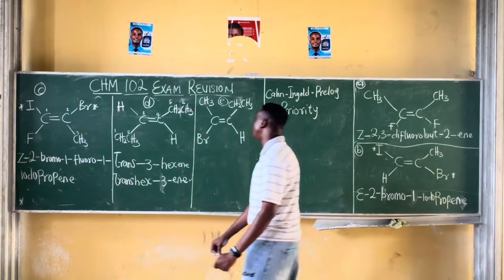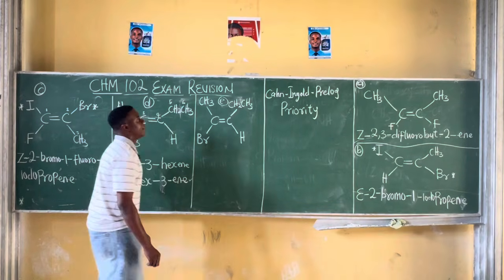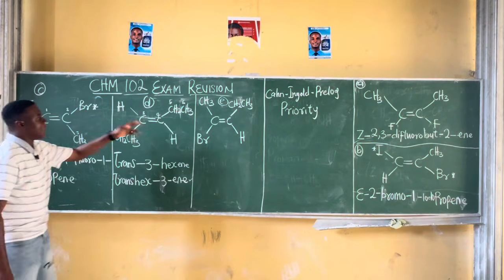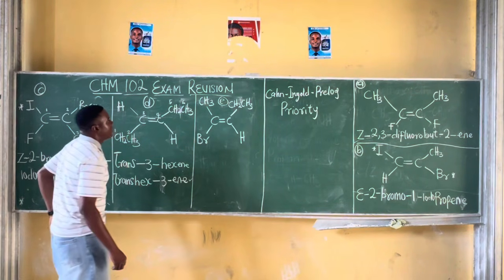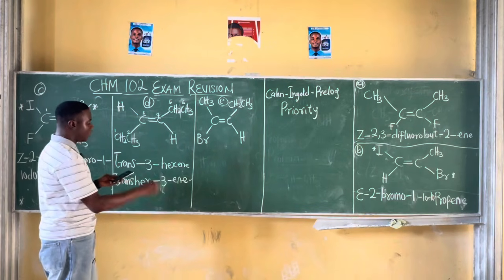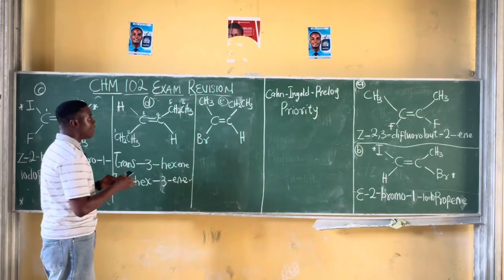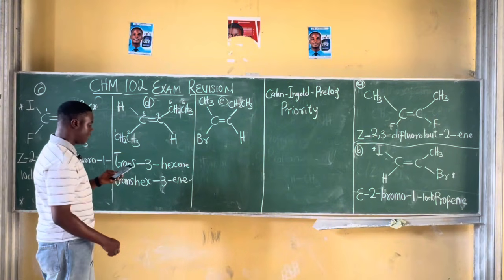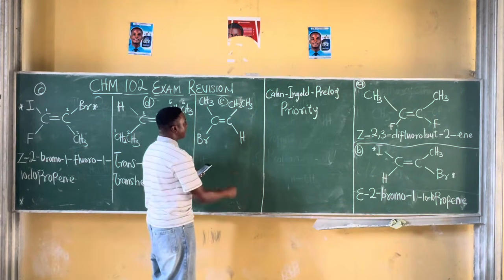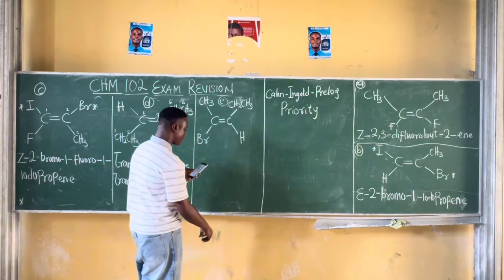Okay, now we are at the last one. The last one has CH3 and bromine on one side, and on the other carbon we have CH2CH3 on the other side together with hydrogen.